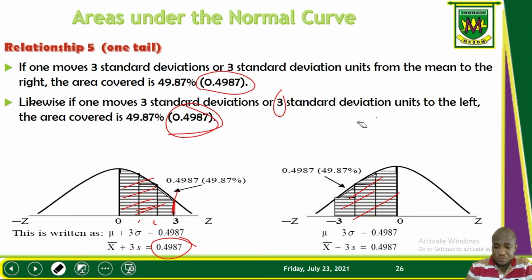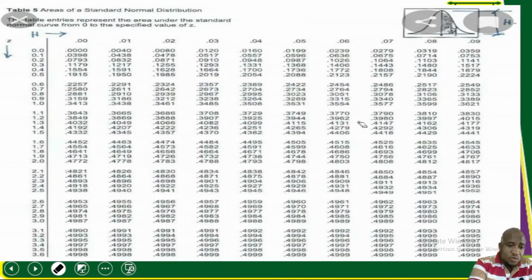Let's go to the table. On the table, we have on the horizontal axis where we have the standard deviation units, when it is in 2 decimal places or in 1 decimal place. We can see our 3 here when we have moved 3 standard deviation units.